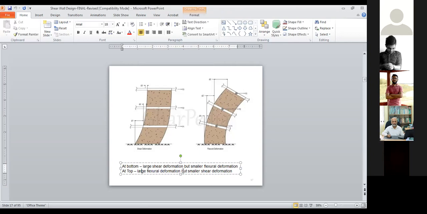On the other hand, at the top, you will have a large flexural deformation, but a smaller shear deformation.